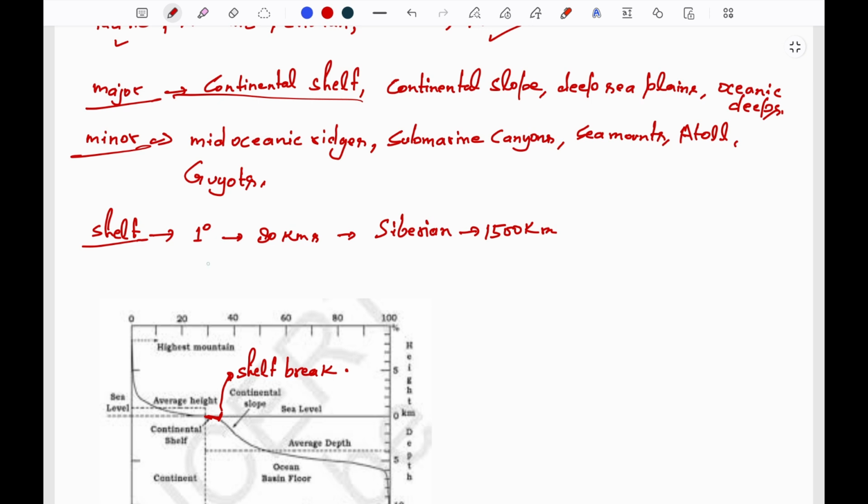And the depth of this continental shelf is very shallow, that is, it extends from 30 meters to 600 meters. It receives massive sedimentary deposits from the rivers, and it also is a source region for the formation of fossil fuels.